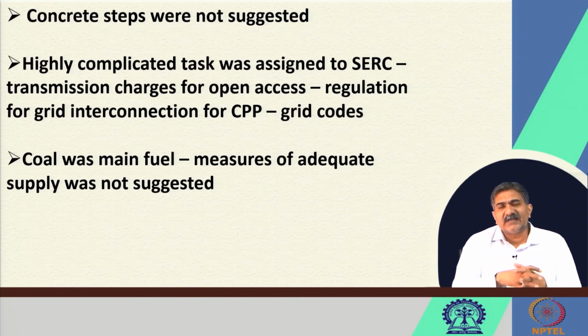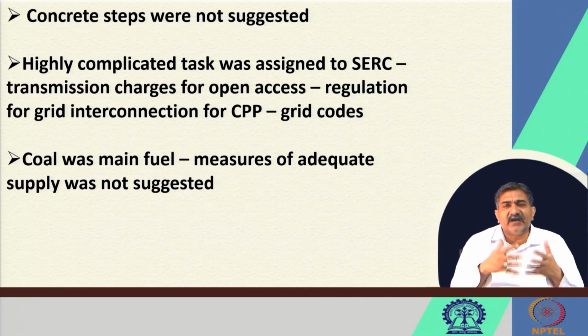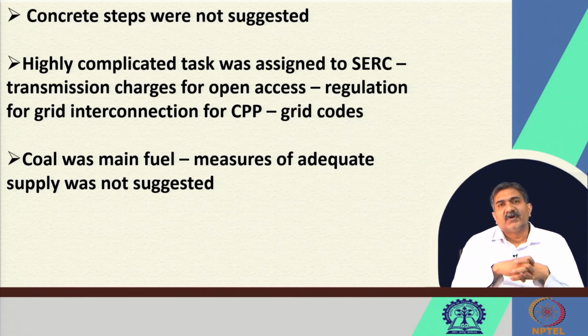The policy also suggested many initiatives to be taken by the State Electricity Regulatory Commissions, knowing very well that as far as capacity and ability are concerned, they were not placed in a situation where they could undertake those responsibilities. They were asked to decide on the transmission charges for open access, on the regulation for grid interconnection for captive power plants, and to design the grid codes at the intra-state level.